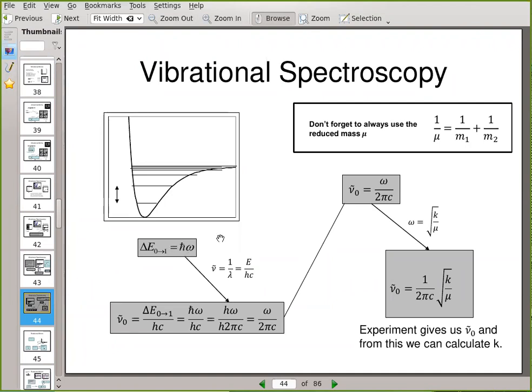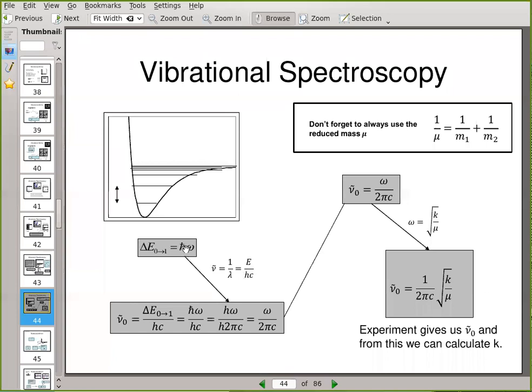If that spacing is that beautiful spacing h bar omega, that constant spacing in the harmonic potential, it might be nice now, because when you do vibrational spectroscopy you often work with wave numbers, to relate this back to a wave number. A wave number is 1 over lambda, and if you put c as lambda nu and E equals h nu, you can get that 1 over lambda is E over hc.